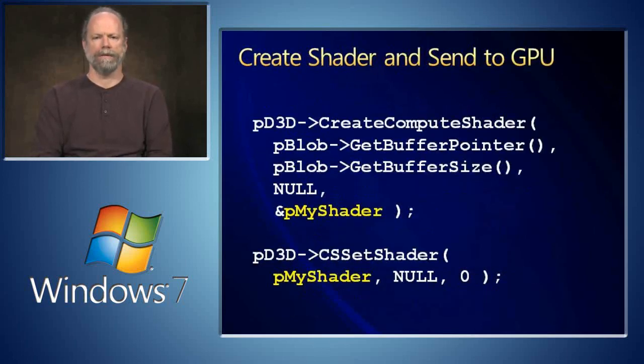Then once the shader has been compiled, you get back a pointer to it that you can then at runtime create the actual shader handle from, and that is then used to transfer to the GPU for it to translate to its actual instruction set. And then before you can actually execute that shader, you need to set that pointer to the shader pipeline as the current shader to be executed.